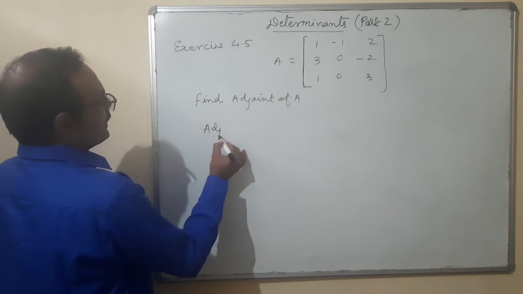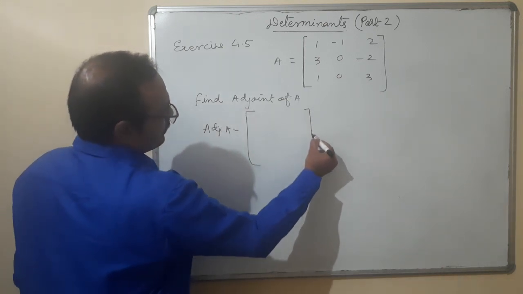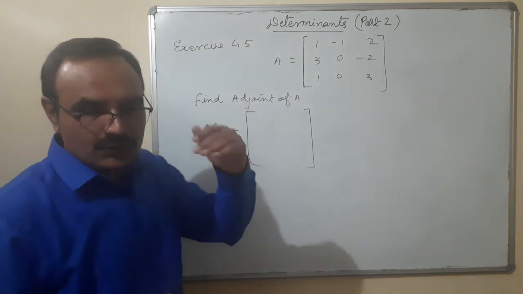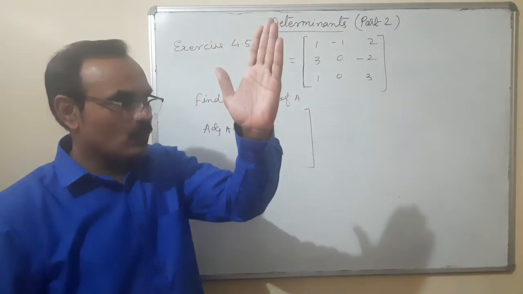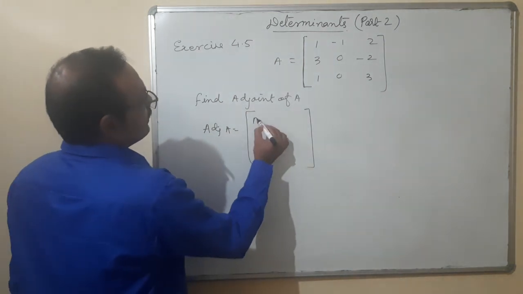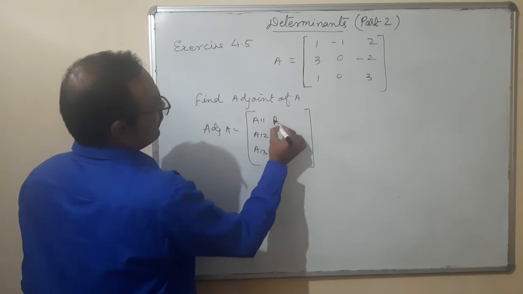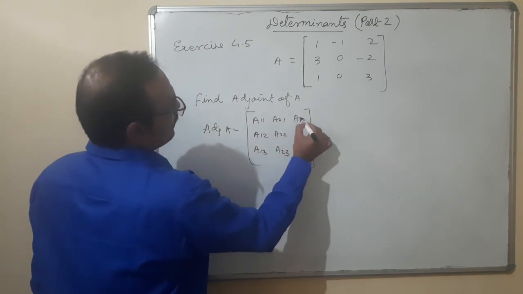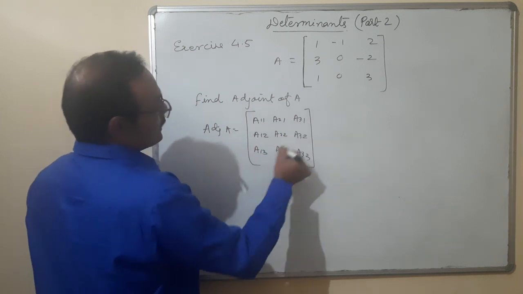First of all, adjoint of A is equal to the transpose of all the cofactors. So you memorize this: capital A11, A12, A13, A21, A22, A23, A31, A32 and A33, where these are the cofactors.